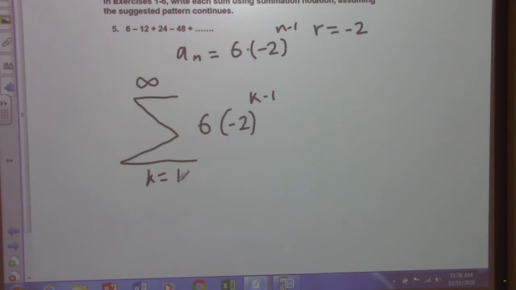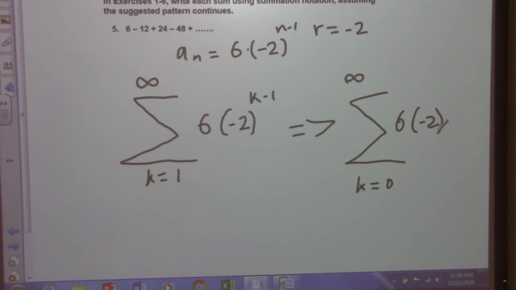Or if we started with k equals 0, we would make this k up here to infinity. So this is equivalent to k equals 0 to infinity, and we have 6 times negative 2 to the power of not k minus 1, but just of k.